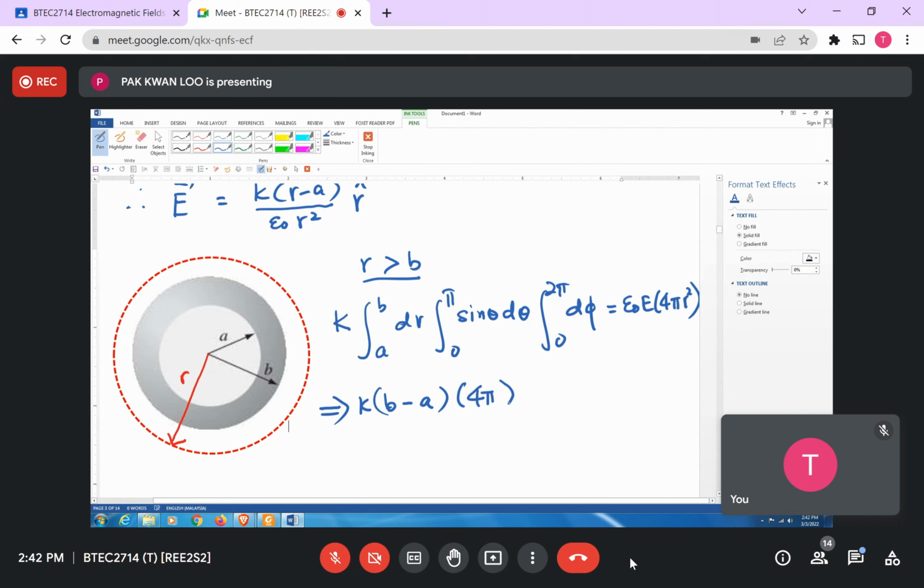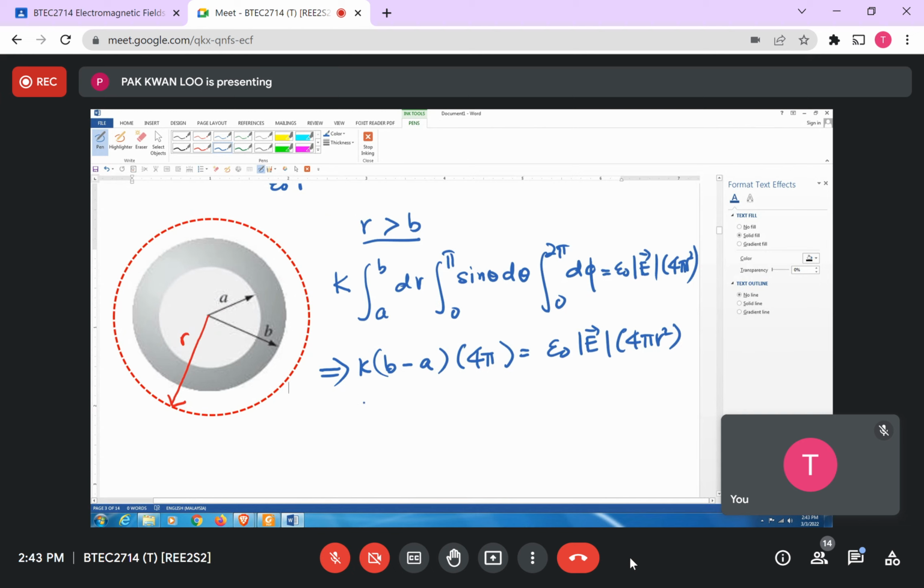Therefore the magnitude of E is K times B minus A over epsilon naught R squared.